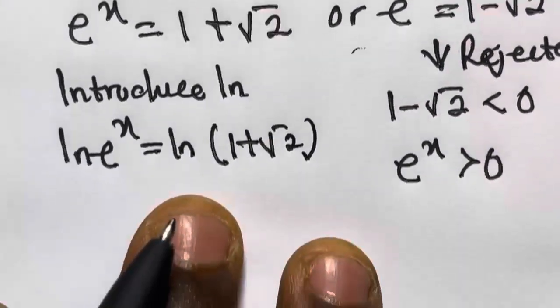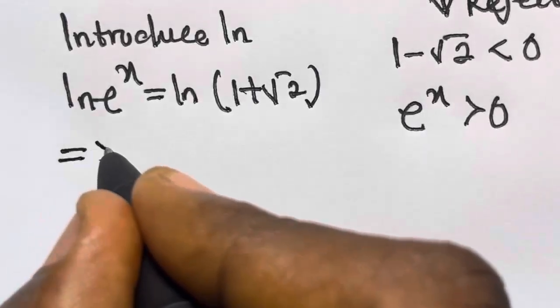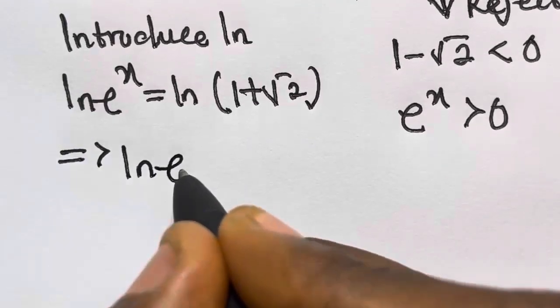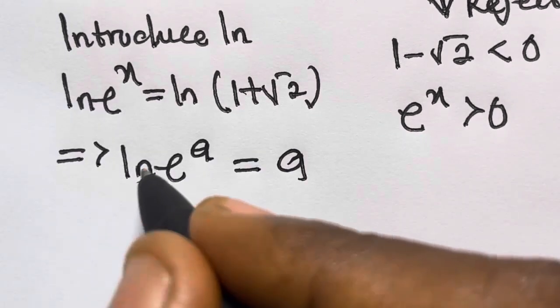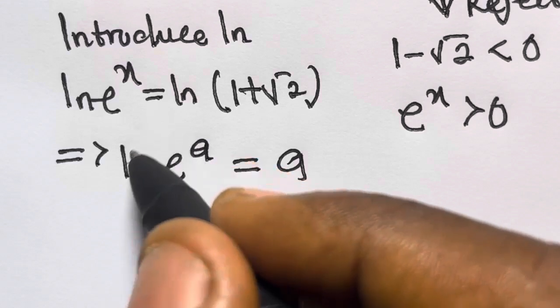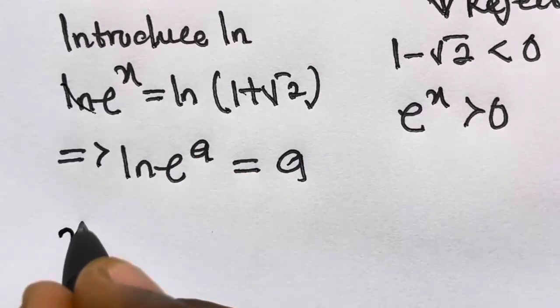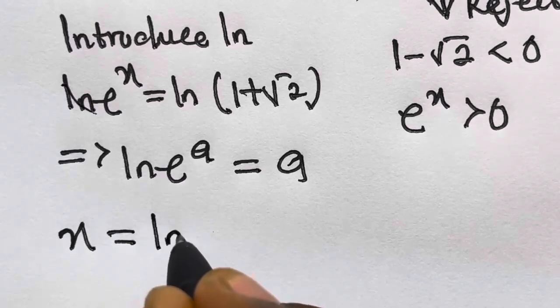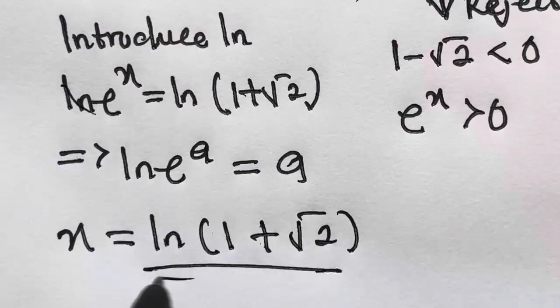You know, when we have something like ln e^a, this equals a, because ln will cancel the exponential, and the exponential will cancel ln. Applying it here, we cancel this and we are going to have x equals ln(1 plus square root of 2). So this is our value of x.